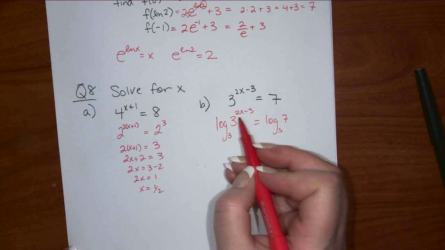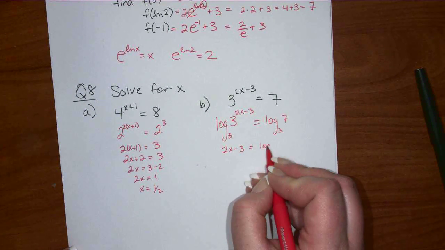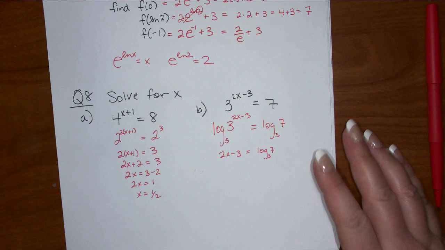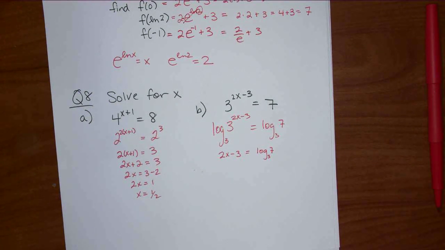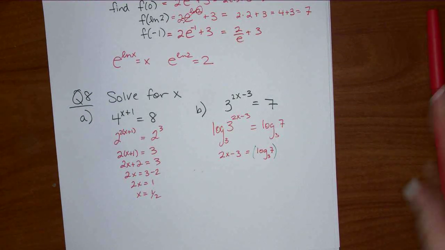Then these would cancel, and we would have 2x minus 3 is equal to log base 3 of 7, which is a number. You don't do anything to the 3 or 7, that's just by itself. You could even stick it in a little bracket to make sure you don't do anything to it.